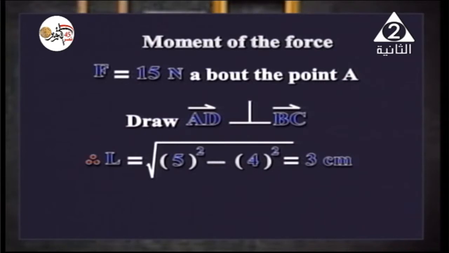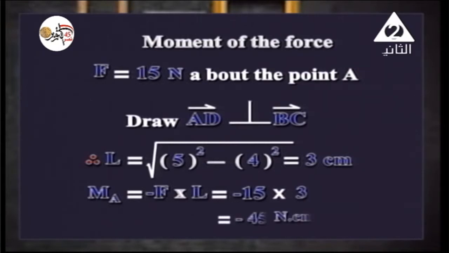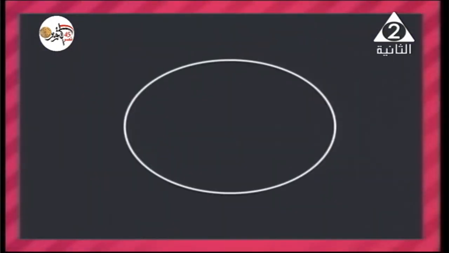Moment about A: this moment is clockwise, so it has a negative sign, negative F times L, negative 15 times 3 equals negative 45 Newton centimeter. My dear student, look at the force which represents F.